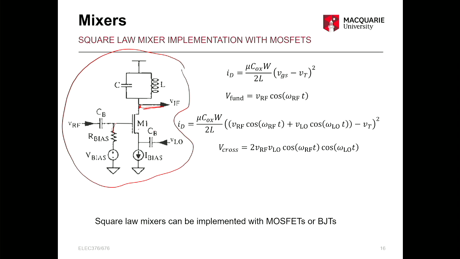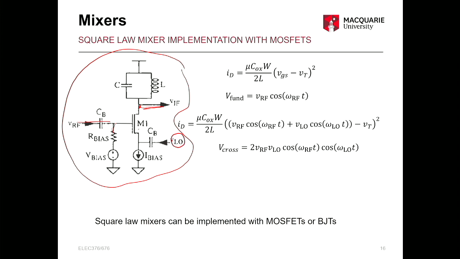So now you need to give two signals. One is the RF signal and the other one is the LO signal, so that when they get mixed you get the IF. So you give RF here at the gate. We have done that in the lab, so it's no big issue. You give the sine wave into the gate of the MOSFET. The other input, VLO, you can give to the source.